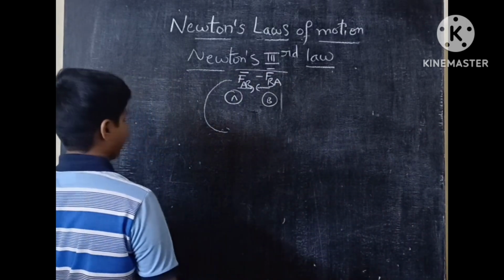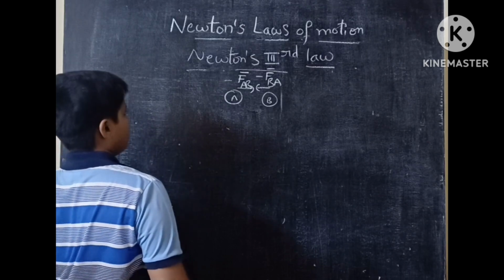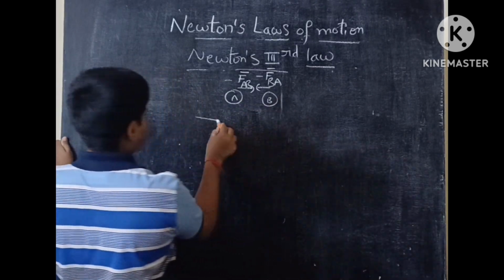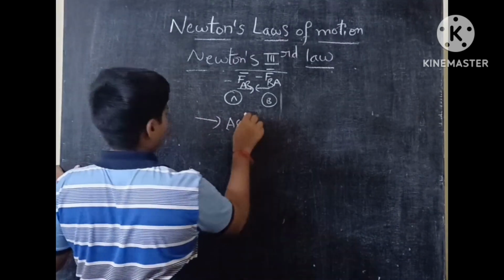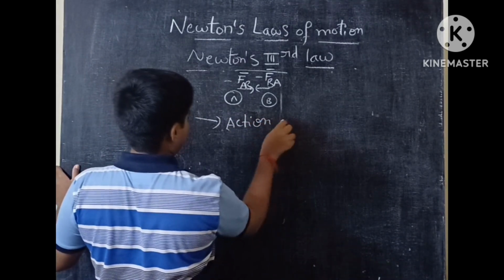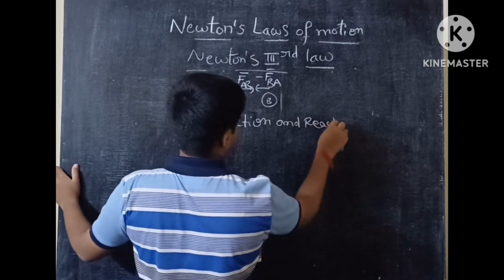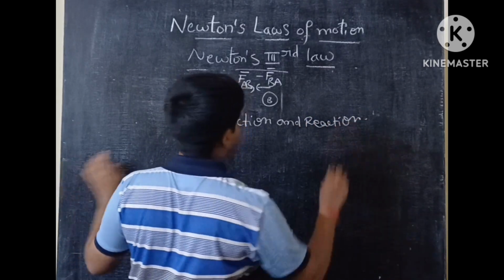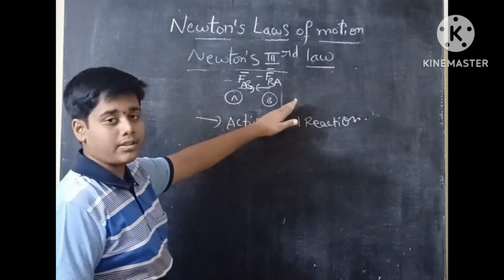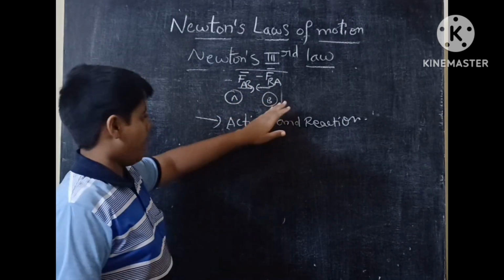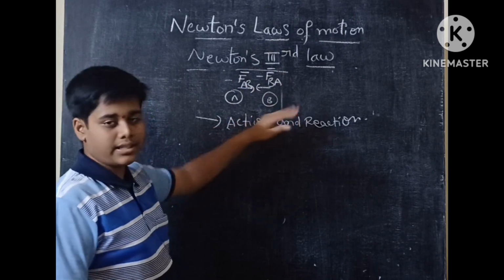If you see here, these are two pairs which are action and reaction. Action means first one object gives some force on another object, and the force from B to A is the reaction.